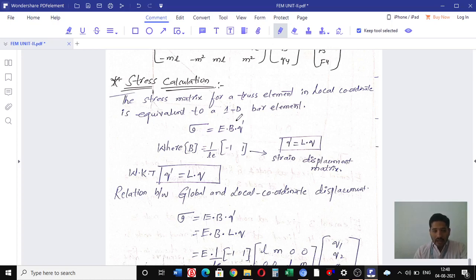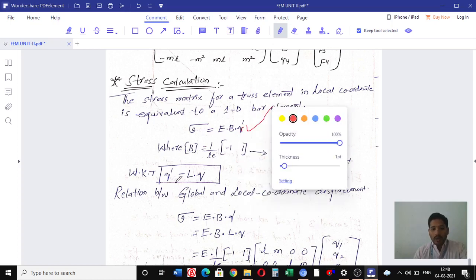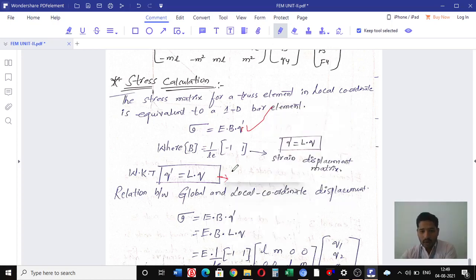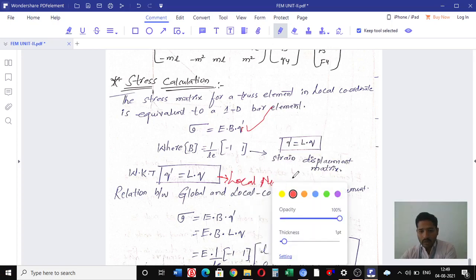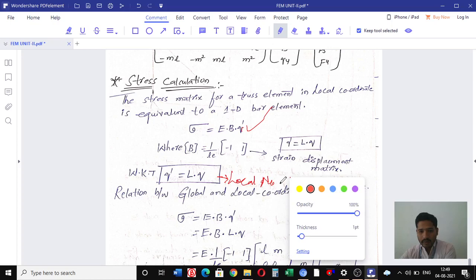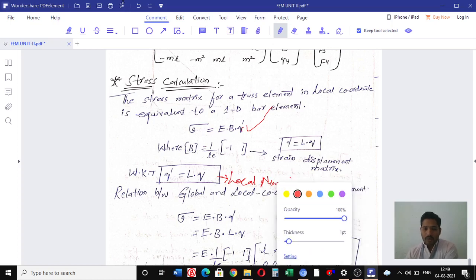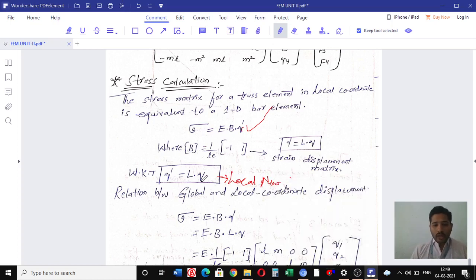And this Q dash we can say is the local nodal displacement.